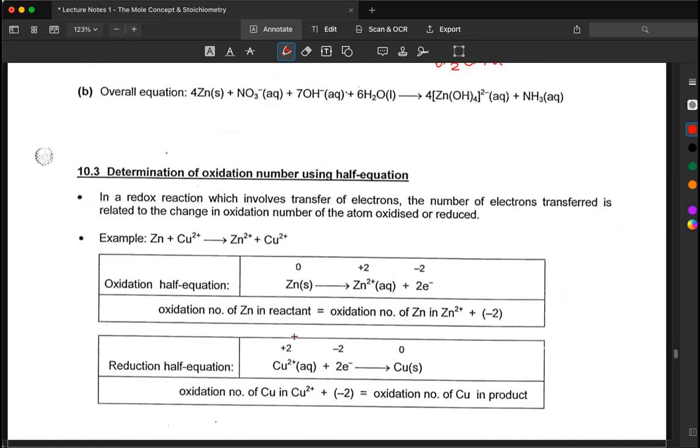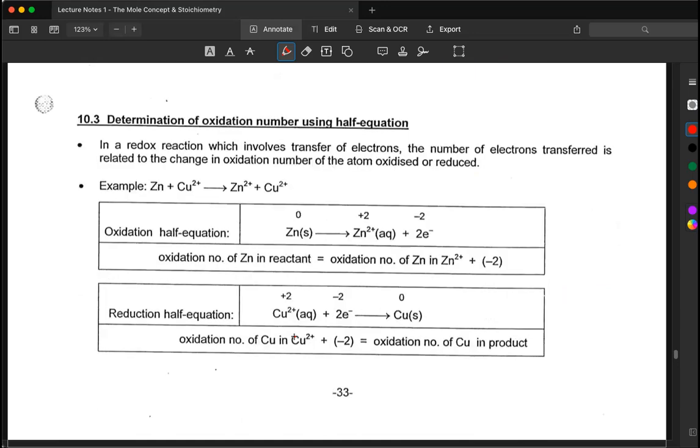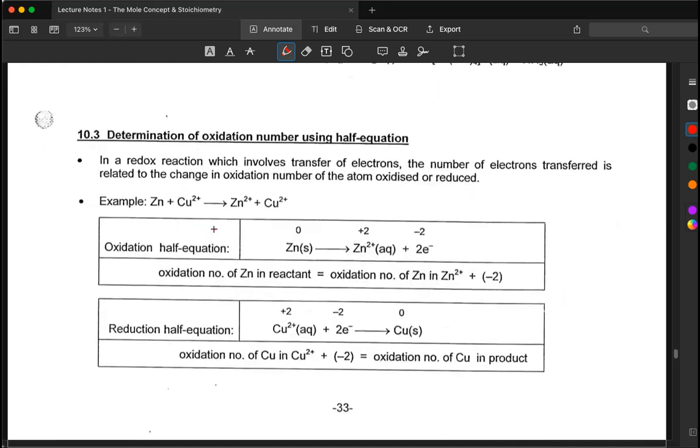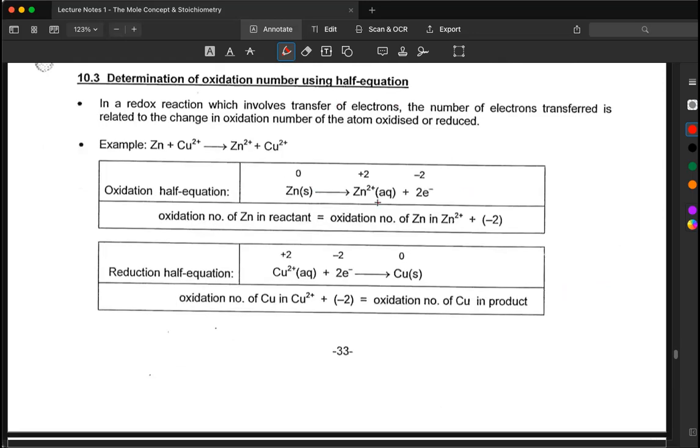Now, determination of oxidation number using half equation. So in a redox reaction, which involves transfer of electrons, the number of electron transfer is related to the change in oxidation number of the atom oxidized or reduced, like this.